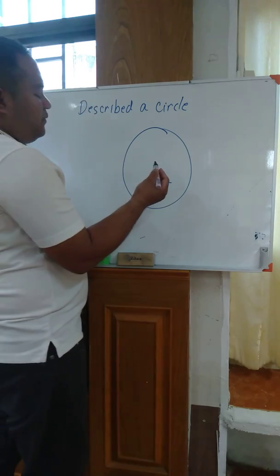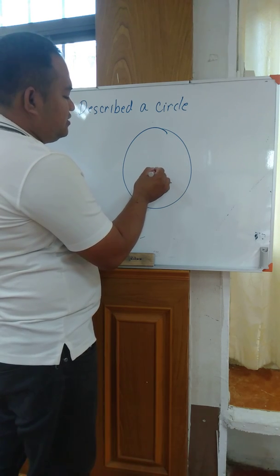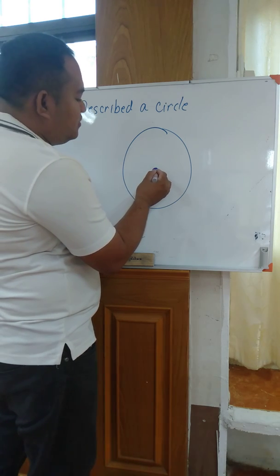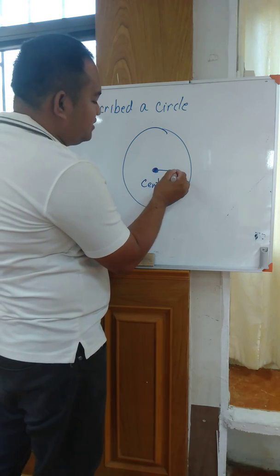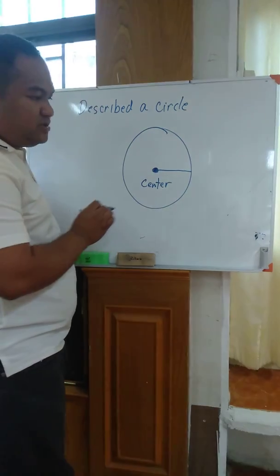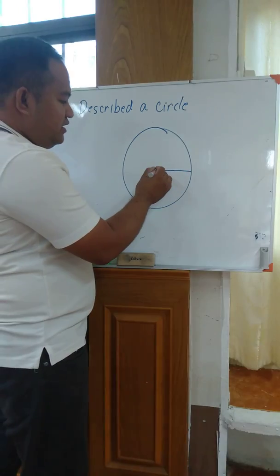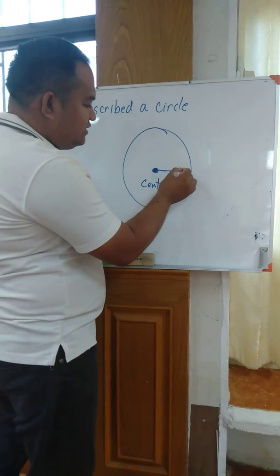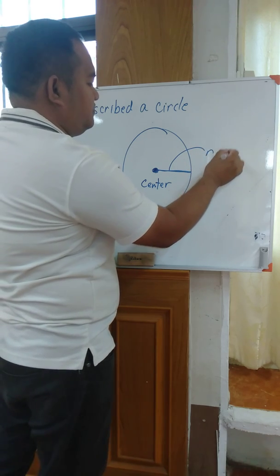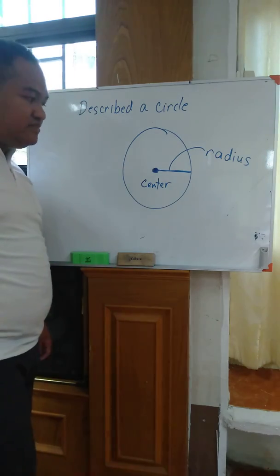And the point of intersection, which is the center, when you connect a line from the point of intersection going to the edge of a circle, this line is called radius. Okay, I repeat.